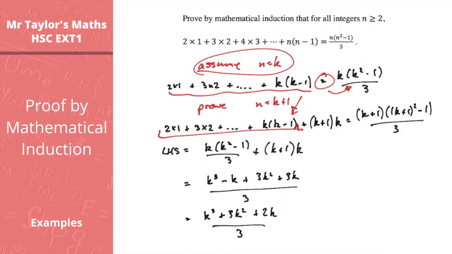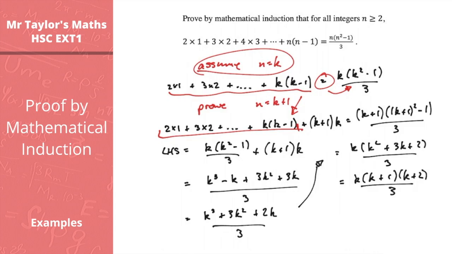I can take out a common factor of k, so that'll be k squared plus 3k plus 2 all over 3, and I can simplify that to k plus 1, k plus 2 all over 3. Now I should hopefully be able to show that our right hand side equals that.